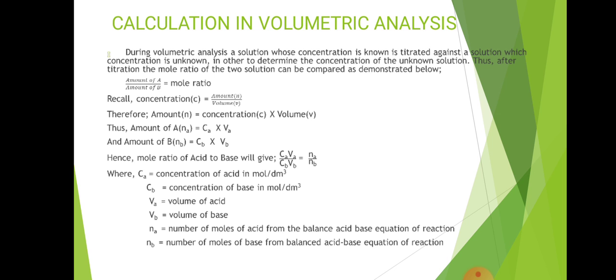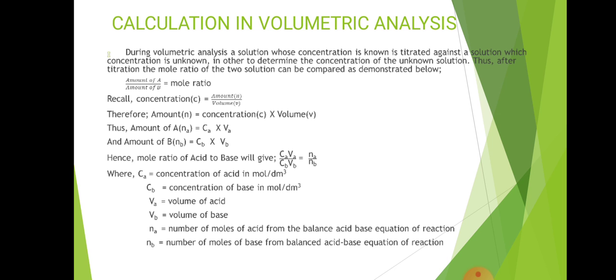Hence, when we input this into amount of A over amount of B to form the mole ratio, then we have CAVA over CBVB, which equals the amount of A divided by the amount of B. Ca, concentration of acid in mole per dm cube.